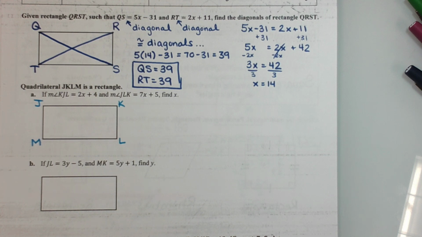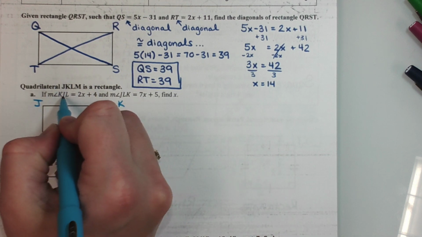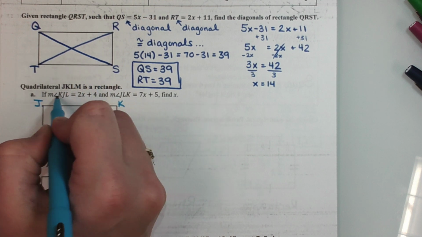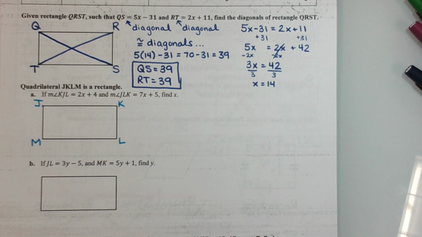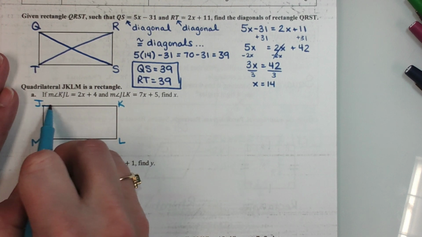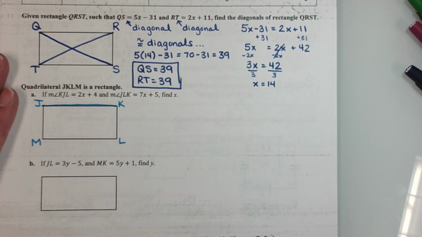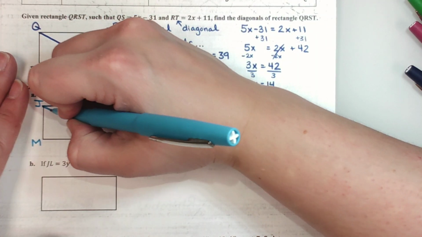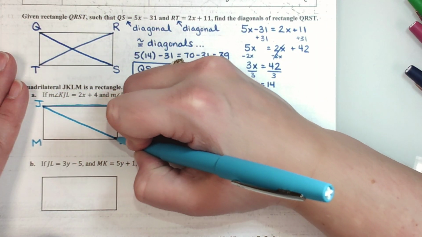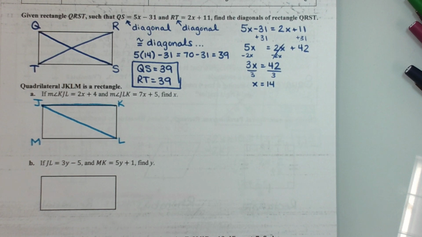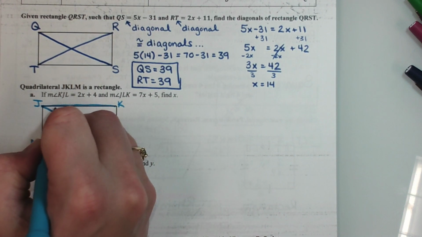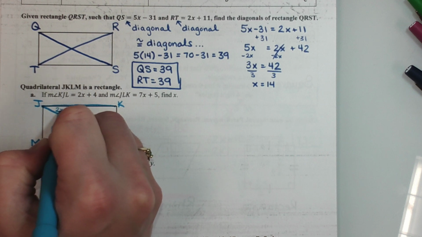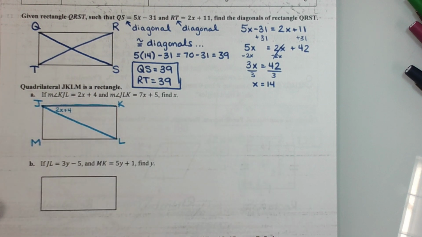When you do a 3-letter name, the middle letter tells you the pointy part of the angle. The outside letters tell you where to go with that angle. J goes towards K, but it also needs to go towards L, which means I have another diagonal that needs to go in here. 2x plus 4 is right there.